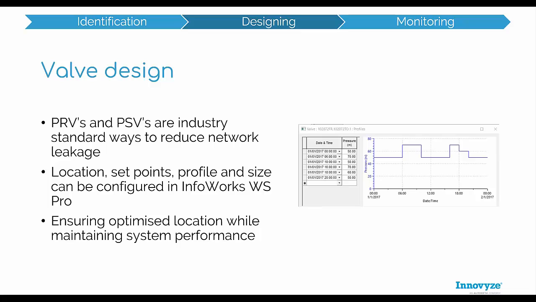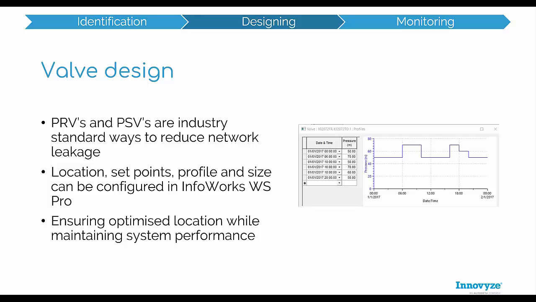So pressure management is a global network design method to reduce leakage in specific areas of the network, with pressure reducing and sustaining valves often a key part of that. These can be modeled using the inbuilt valves and valve curves that we have within WS Pro.